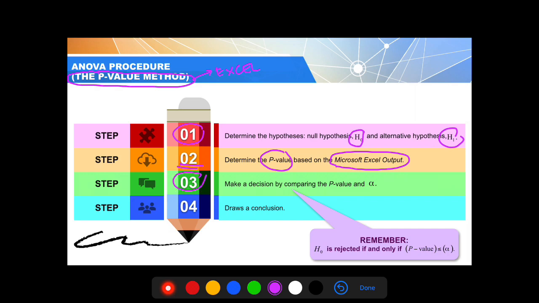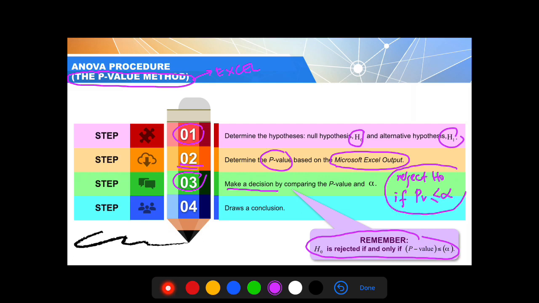And then step number 3, same, make a decision. But here the decision is different. We will reject H null if p-value is less than or equal to alpha. So you have to remember this one. If p-value is equal to or less than alpha, reject H null. Okay, and lastly, draw your conclusion.